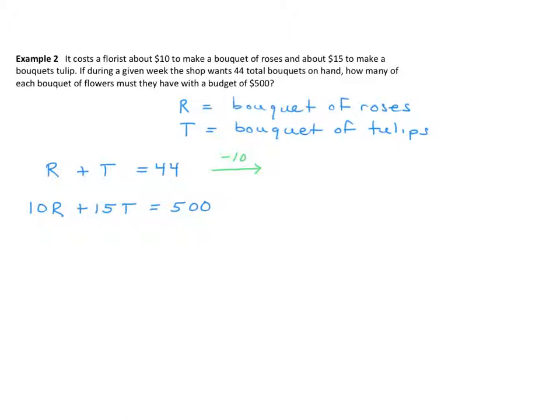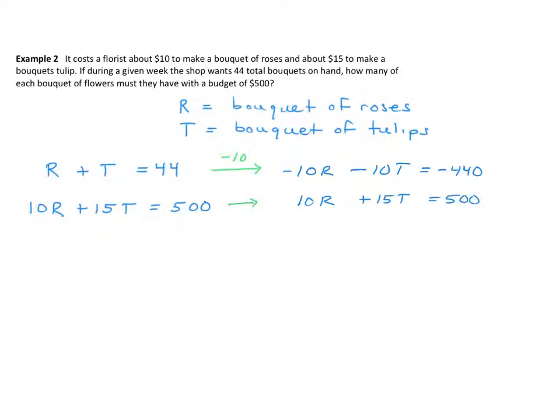Multiplying through this equation by negative 10, my result is negative 10R minus 10T is equal to negative 440. I did not do a thing to my second equation. I left it alone, so that's 10R plus 15T is equal to 500.